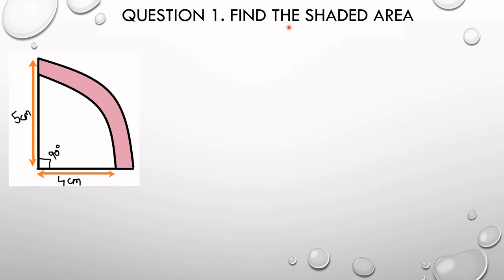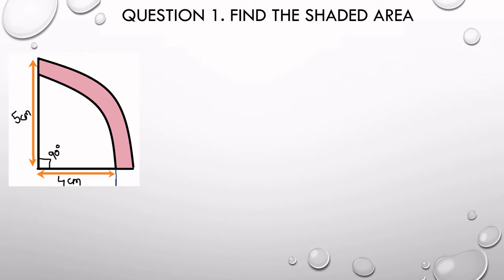Question 1. Finding the shaded area, that is, this pink region's area you have to find. So you can see over here, this is 5 centimeter, the entire thing, and this is 4 centimeter till this point.